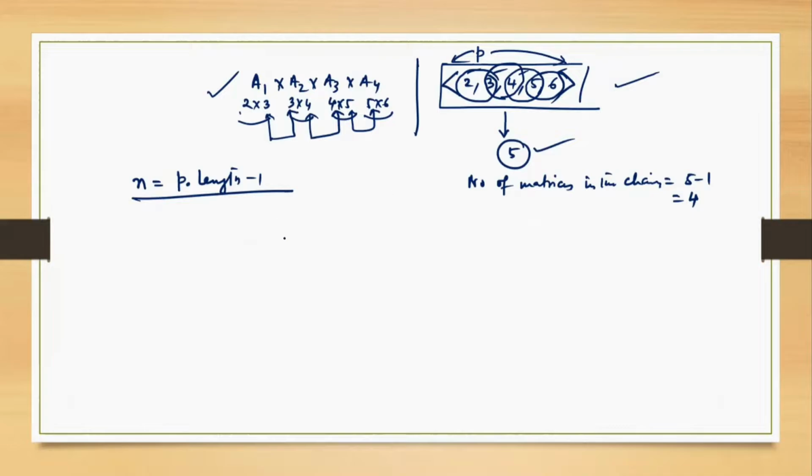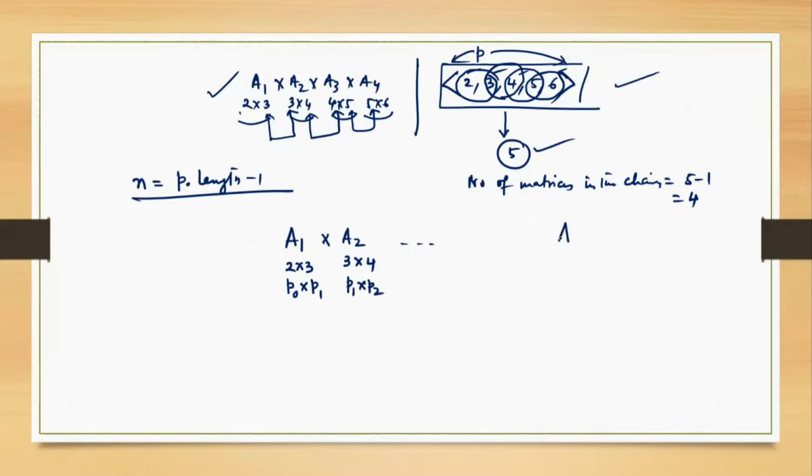Another issue is, suppose you have this matrix A1, 2 cross 3, fine. We express the dimension of A1 as P0 into P1. If the second matrix is A2, its dimension is 3 into 4, and its dimension should start from P1 into P2. We follow this convention.